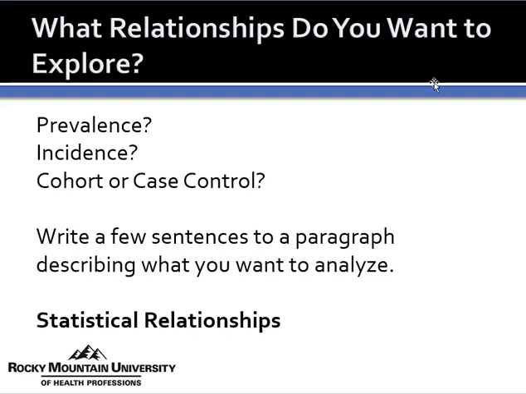What are you wanting to explore? Are you exploring prevalence? If you're doing prevalence, then you're doing proportions, right? Percentages. You could also potentially be using a prevalence odds ratio. If you're doing incidence, are you just reporting rates? What type of rates are you going to be calculating? Is this a cohort or case control study?